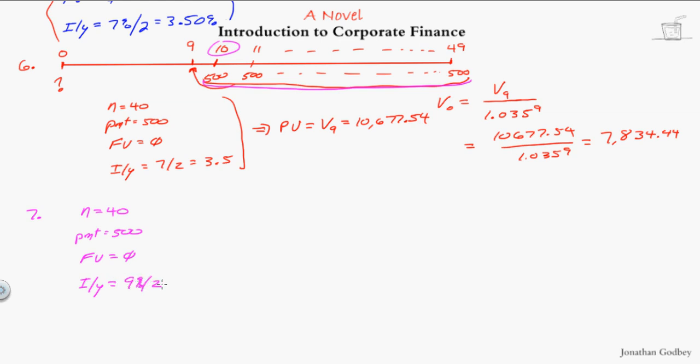I want to divide that by 2, so I'm really using 4.5. Plug this in, find the present value. When's the present value? Present value is in period 9, one period before the payments start. The interest rate went up from 3.5 to 4.5, so the present value should have gone down, and it did, to 9,200.79.